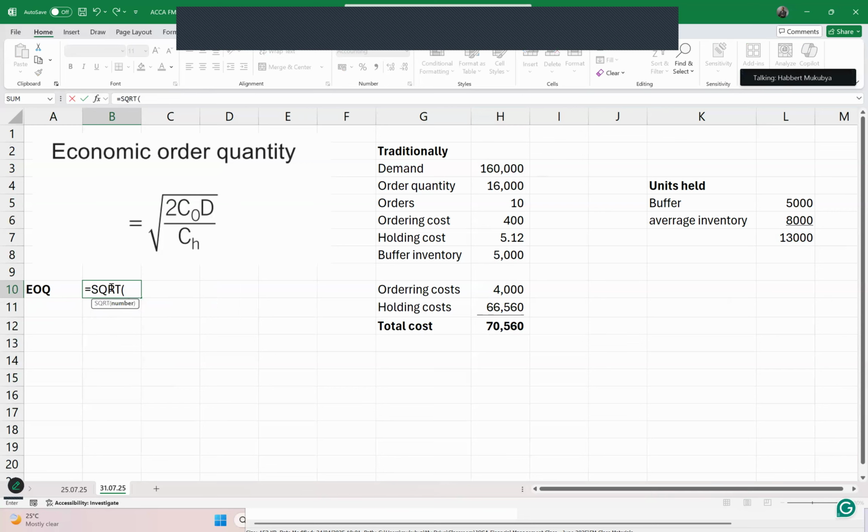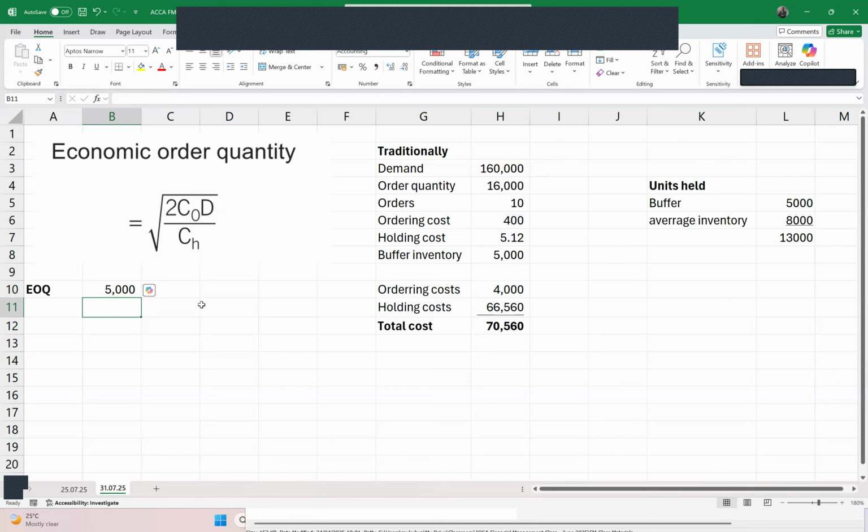This formula is there in the Excel sheet that you use in the exam, SQRT. But if you don't know it, you just multiply everything and then put brackets and say power half. So 2 multiplied by the cost of ordering, which is 400, multiplied by the annual demand, which is 160,000, divided by the cost of holding, which is 5.12. That will give you the economic order quantity, which is 5,000.